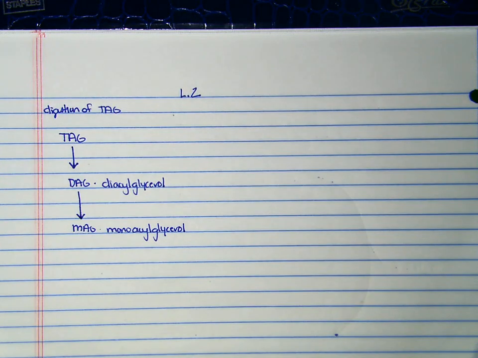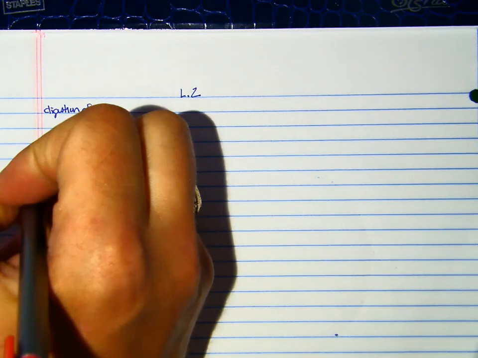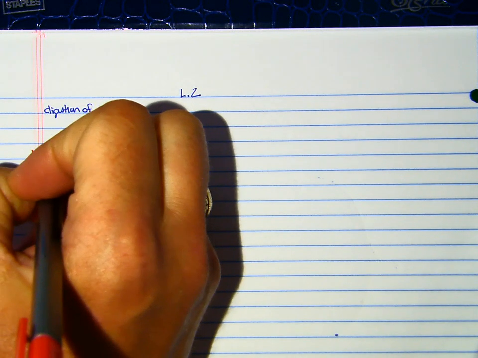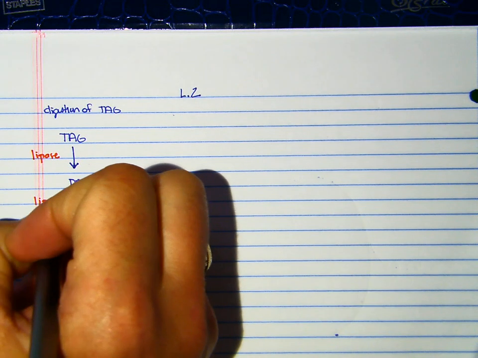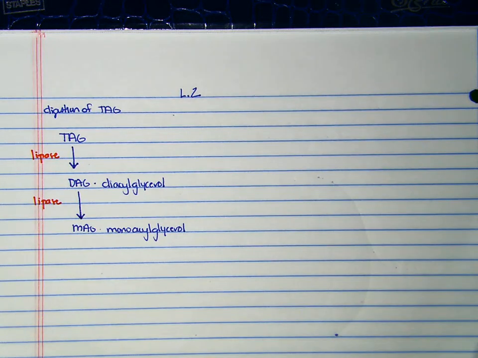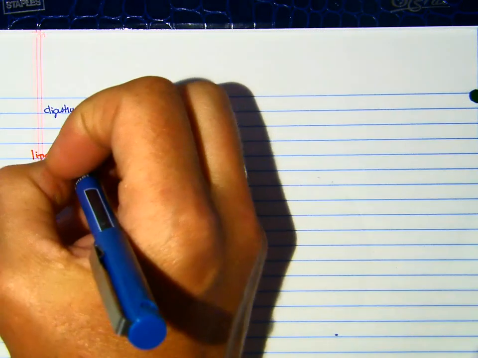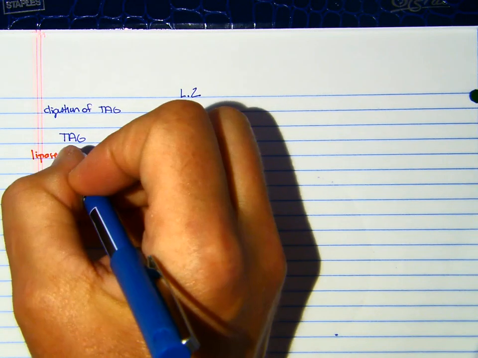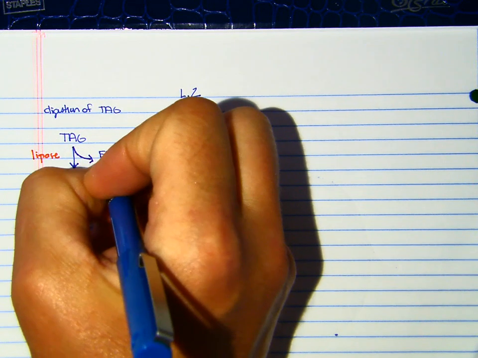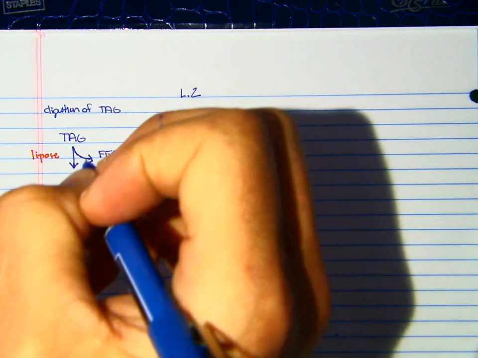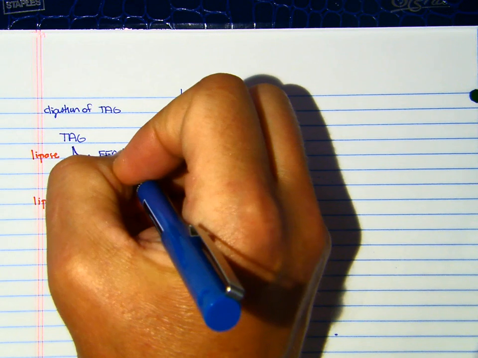And so to facilitate this, the enzyme will be lipase. And so there are different types of lipase, but the general name is lipase. And so lipases are the enzymes that act on TAG. And what we're going to release is a free fatty acid, okay? Or a NEFA.